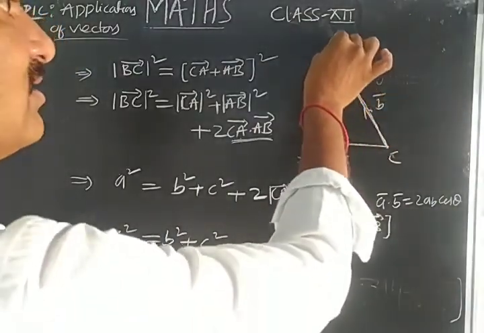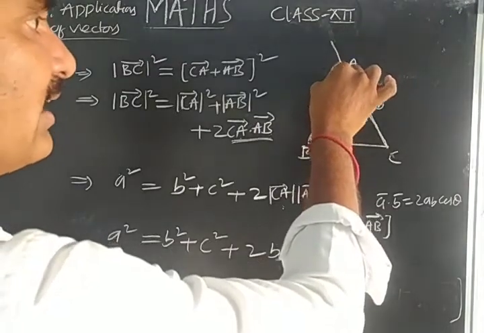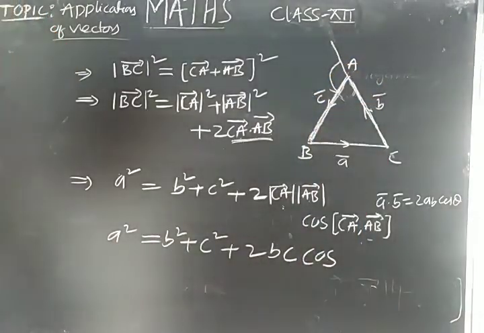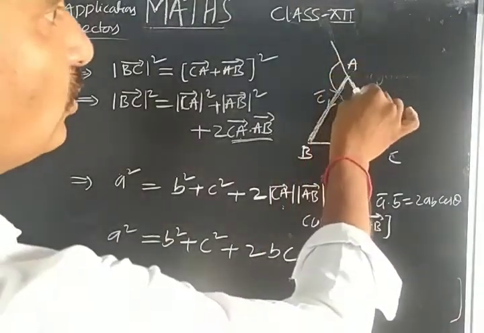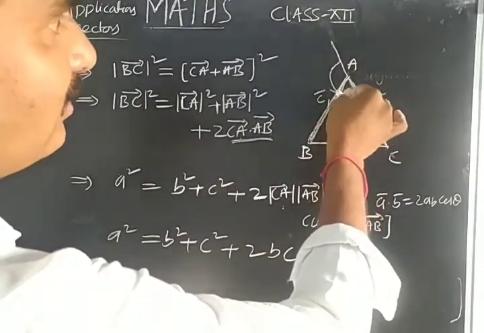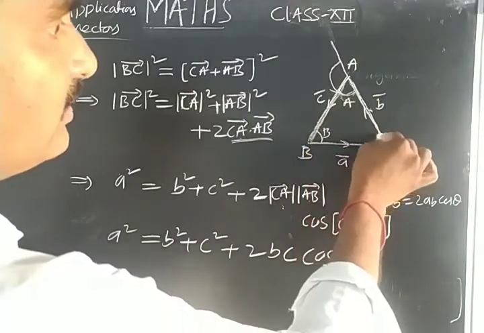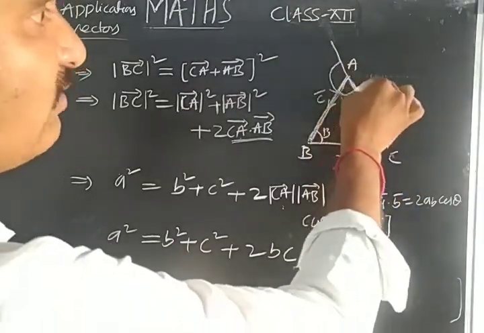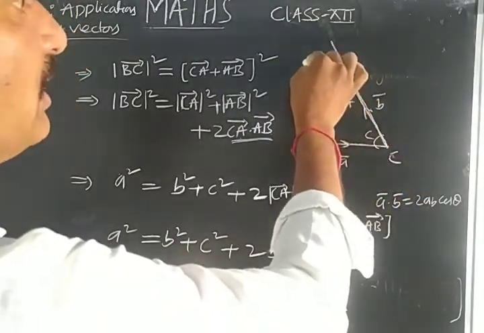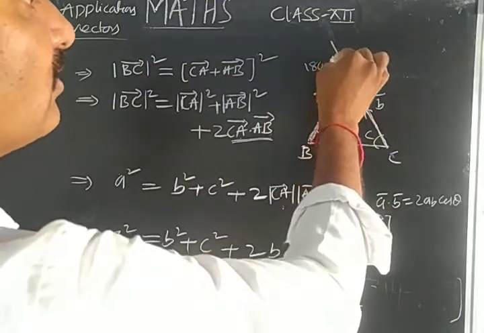So you extend CA, then you will get this angle in the counterclockwise direction. So what is the total angle? This angle is capital A, this angle is capital B, this angle is capital C. This total angle is 180. If it is A, then this will be 180 minus A.